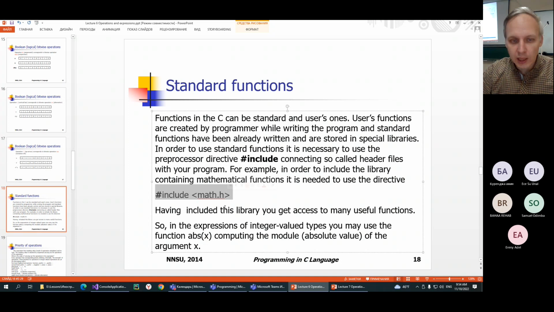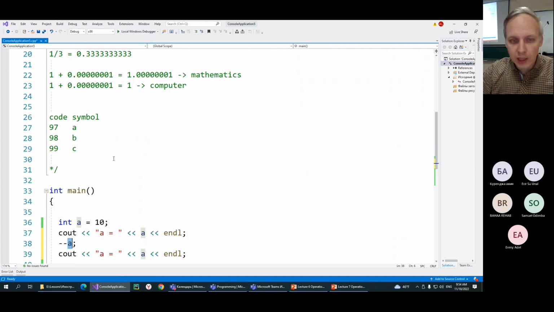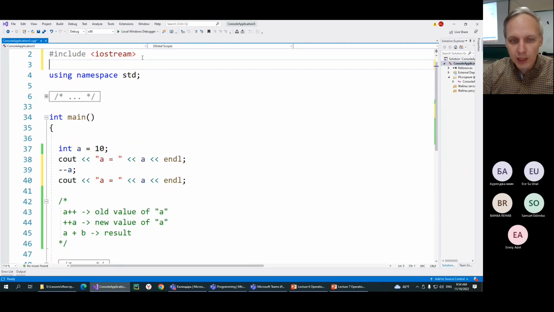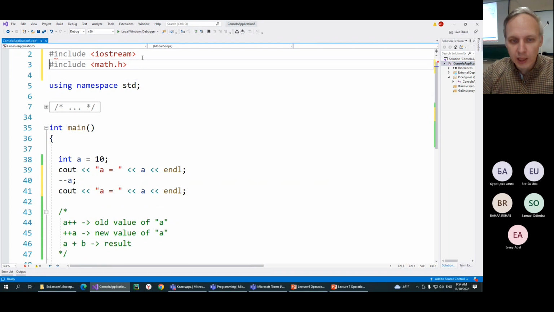To use it, we should write at the beginning of the program, include math.h. Let me do it. After include iostream, you can write include math.h. You can write it with a point or without a point. It's better to write it with a point.